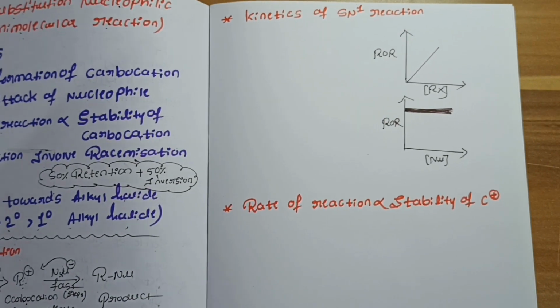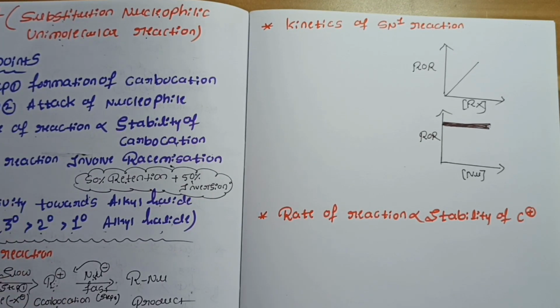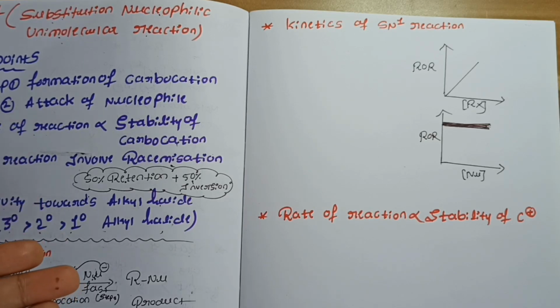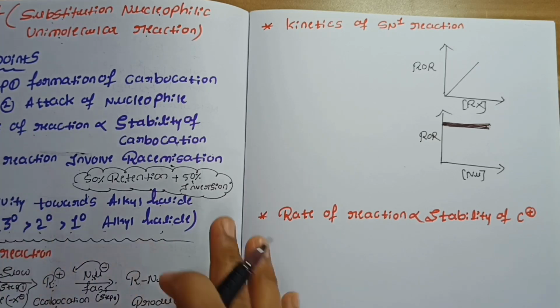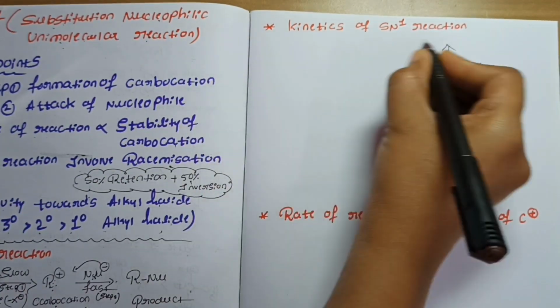Now the next concept from this SN1 is the kinetics of the SN1 reaction. Kinetics means the order of the SN1 reaction, whether this SN1 reaction is unimolecular or bimolecular, and whether it is a first order or second order reaction, and the molecularity. Everything I will explain now. First, kinetics of the SN1 reaction.